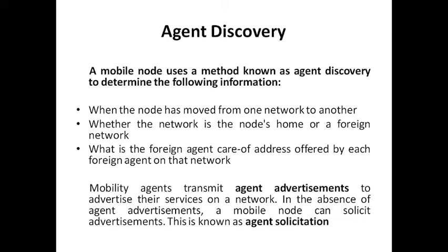This is known as agent solicitation. So under agent discovery we have two things: agent advertisements and agent solicitation. What are these agent advertisements and agent solicitations? That will be discussed now.